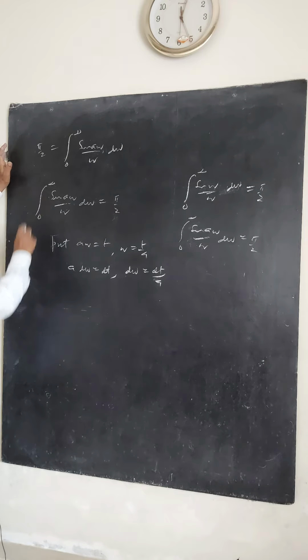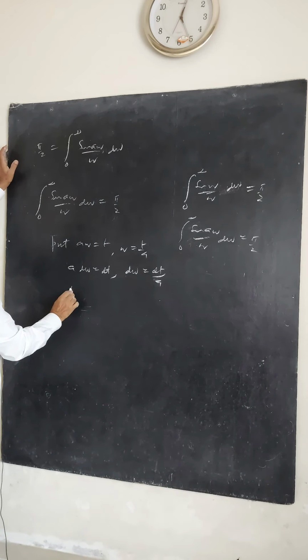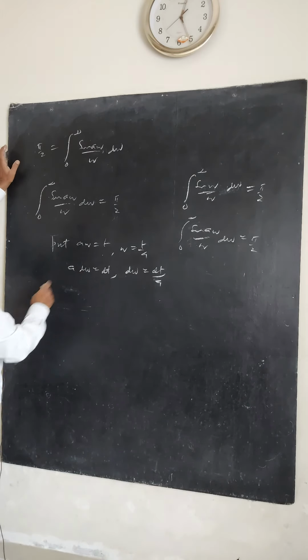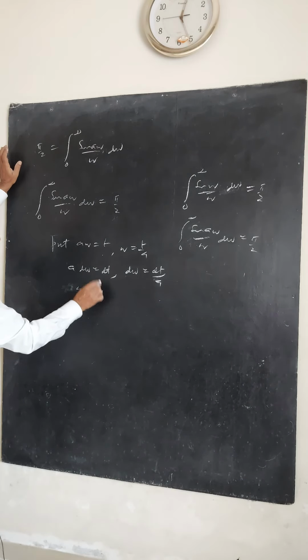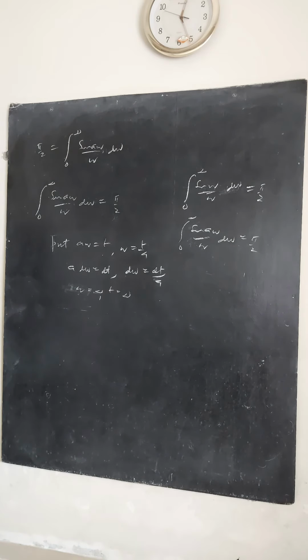Applying the limits: when omega is infinity, t is also infinity; omega 0, t also 0. The limit does not change. It's not necessary to write all these, it will confuse you.